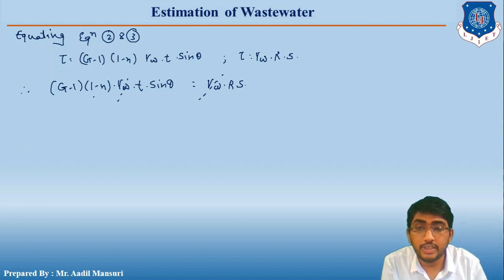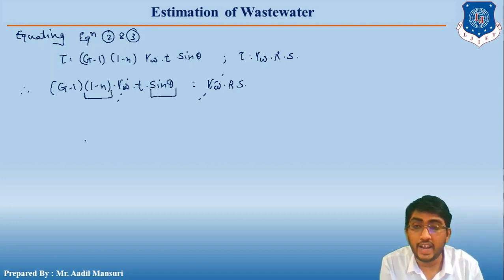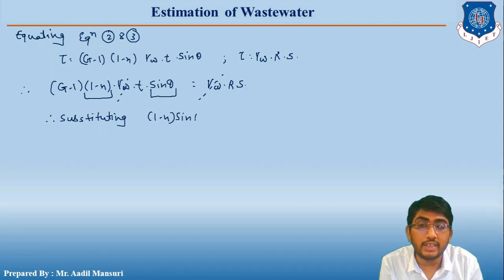and substituting (1 minus N) sine theta as beta. Okay, therefore substituting 1 minus N into sine theta, that is constant, equals beta, right?